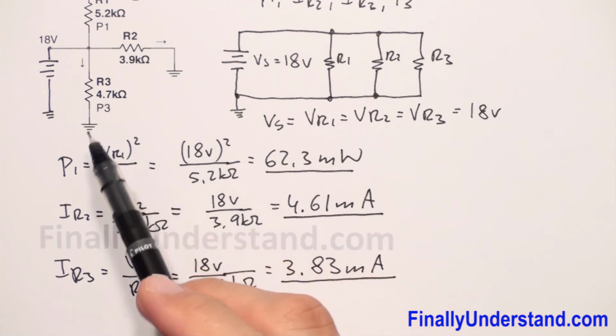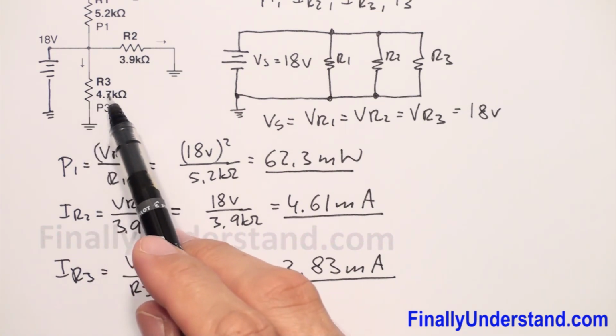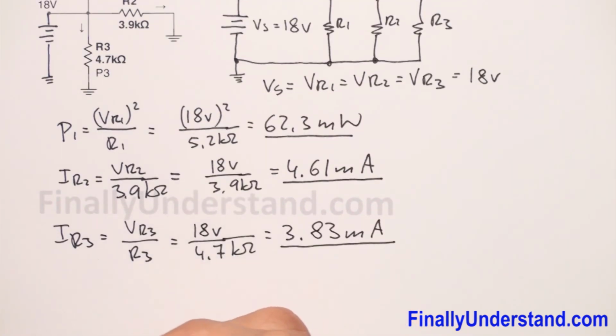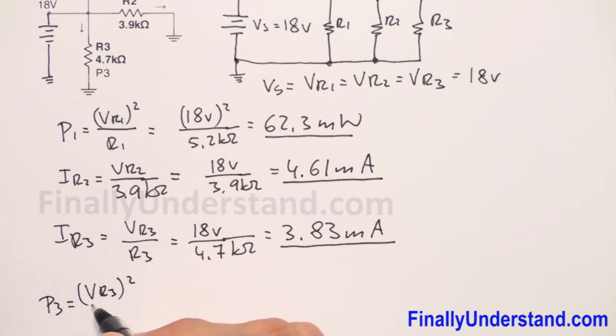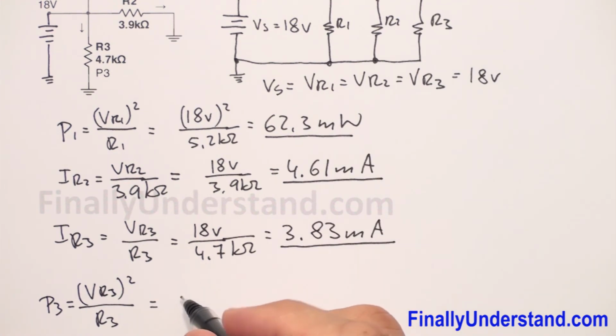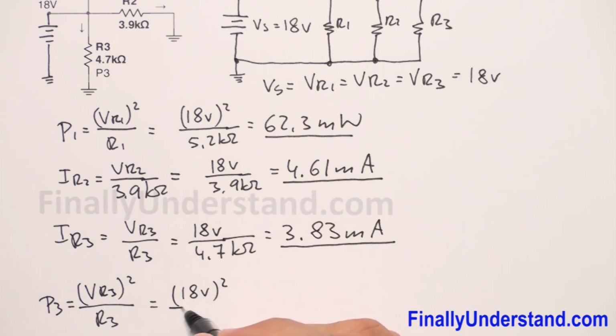But in this case, I have voltage given, I have resistance given, so I can use these two quantities to find the power. So P3 is equal to VR3 to the second power over the resistance R3. So VR3 is equal to 18 volts to the second power over R3, which is equal to 4.7 kilo ohms.